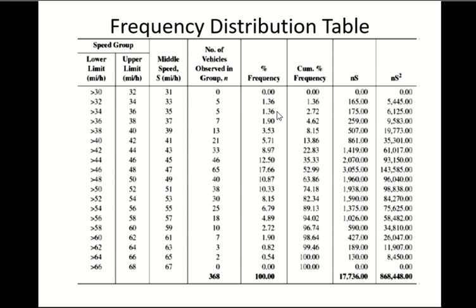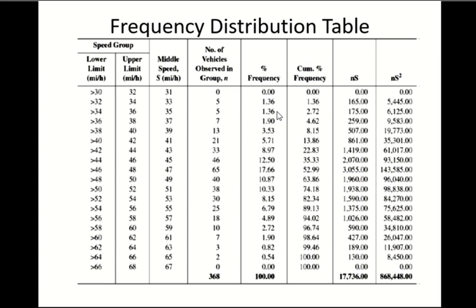It is the number of values in the group upon the total number of values, not the number of speeds or the number of groups. Sometimes people count how many groups they have, 10 groups, and divide everything by 10. No. Take the value and divide by the total number of values. Clear? So the first value is 0, 0%.